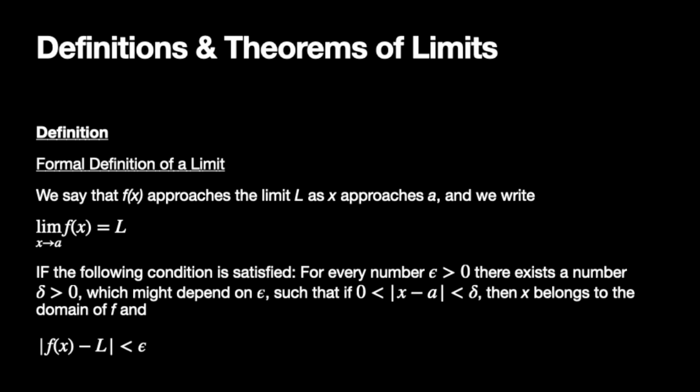For every number epsilon, which represents allowable error, greater than 0, there exists a number delta, which represents a difference tolerance, which also must be greater than 0, possibly also depending on epsilon, such that if the absolute value of x minus a is greater than 0 but less than delta, then x belongs to the domain of f, and the absolute value of f of x minus L is less than epsilon.